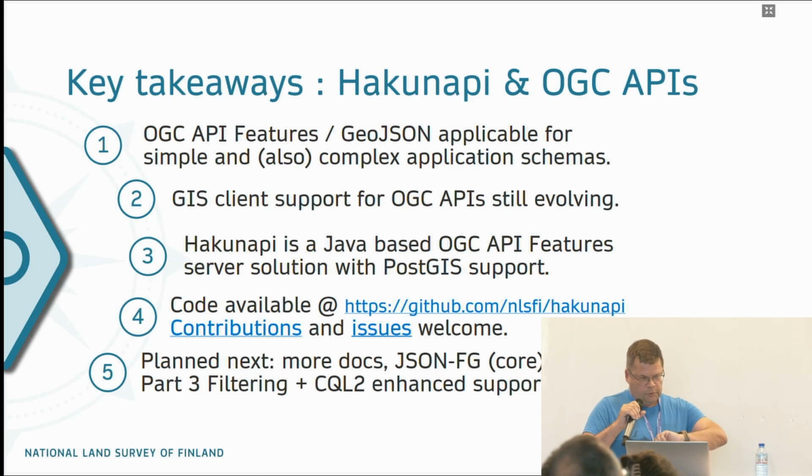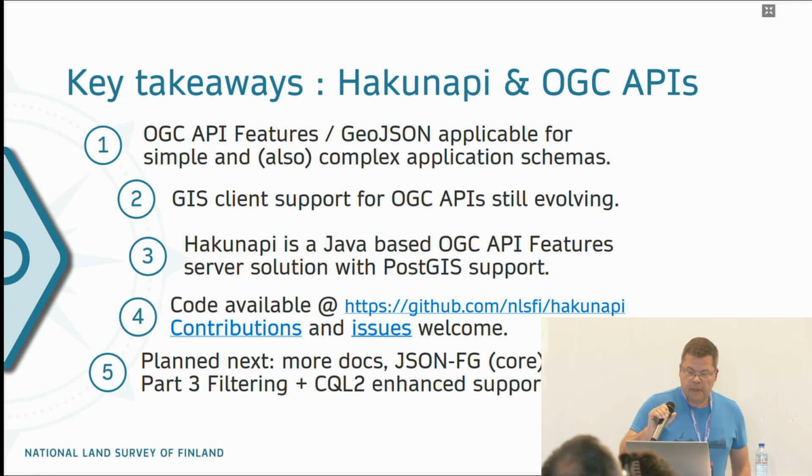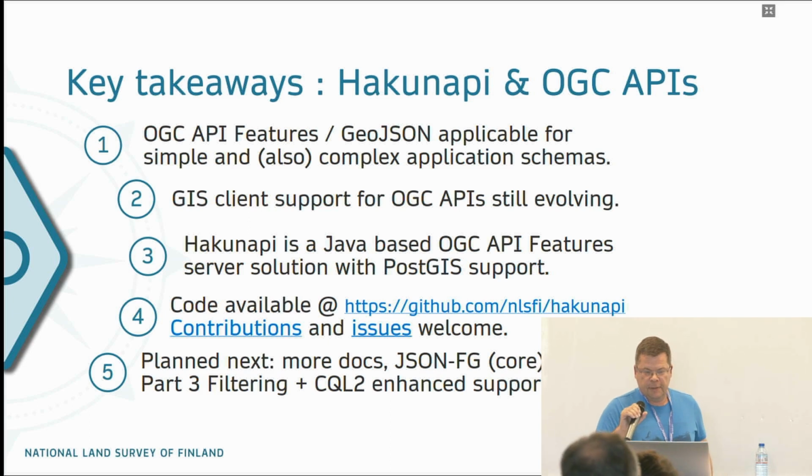So, conclusions. OGC API Features based on GeoJSON is applicable for simple schemas and, with some caveats, for complex application schemas.